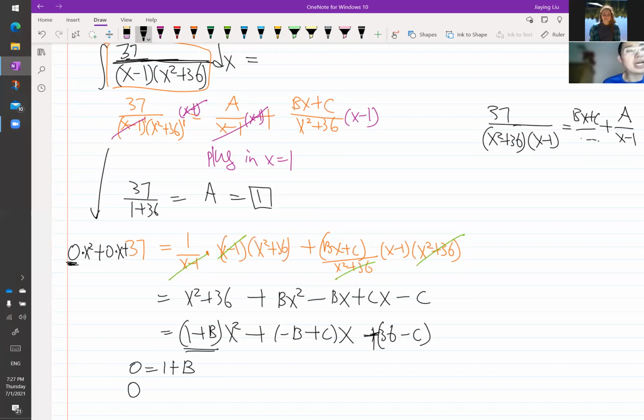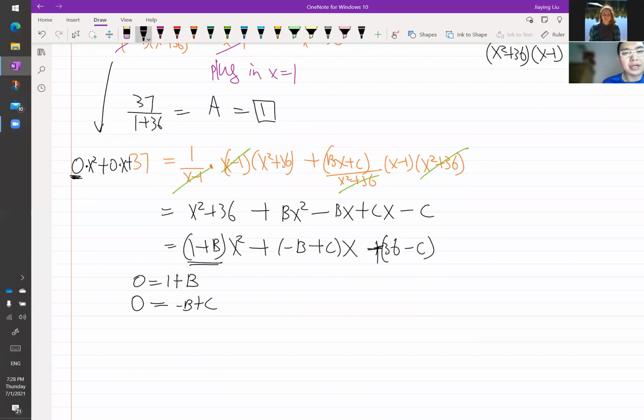And the 0 of the x term must equal negative b plus c. And the constant 37 must equal the constant on the right, 36 minus c. So b and c that we find must satisfy all 3 equations. If one of them is not satisfied, we got an issue, right?